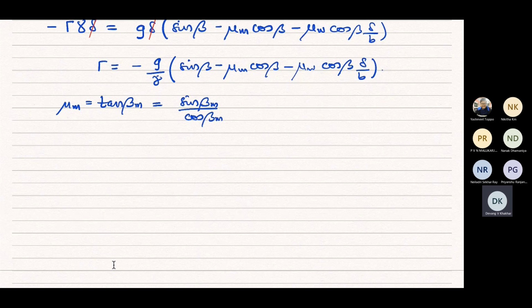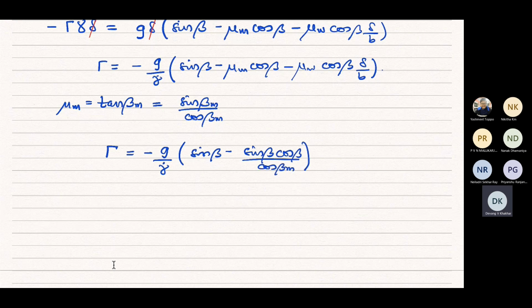Now if you substitute in there, then you will see that gamma is equal to minus G by gamma dot into sine of beta minus sine of beta m cos of beta divided by cos of beta m.